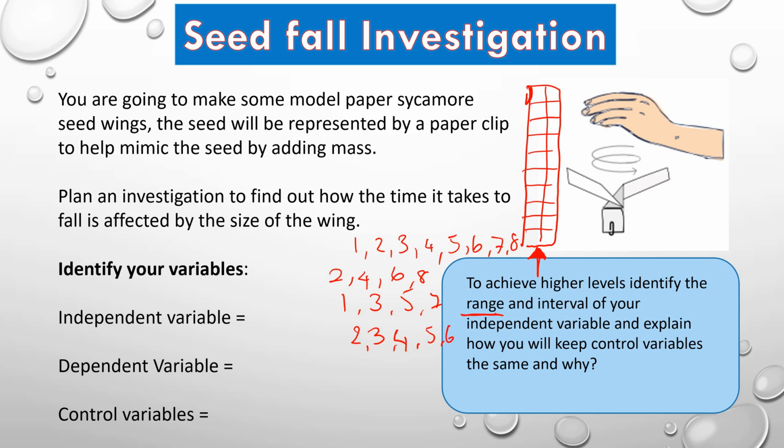Decide what your range is going to be for the size of the slits, and your interval that you were going to do. So I'm just going to rub all of that out.